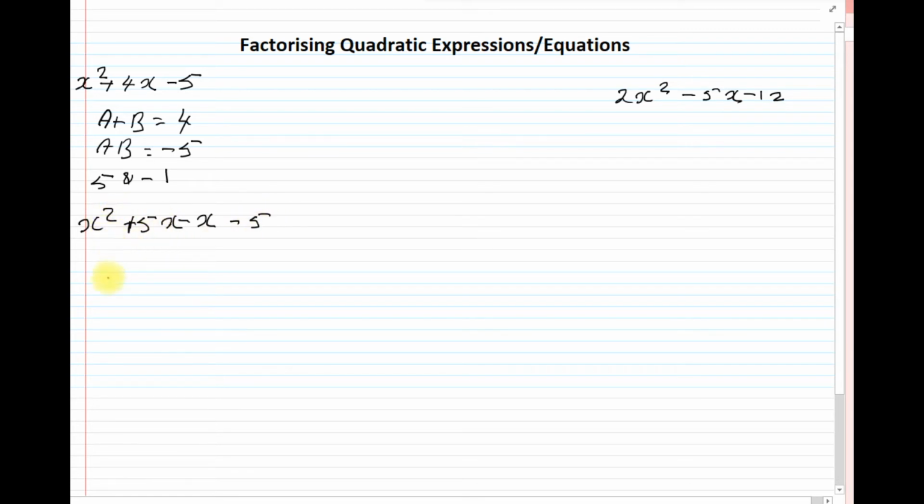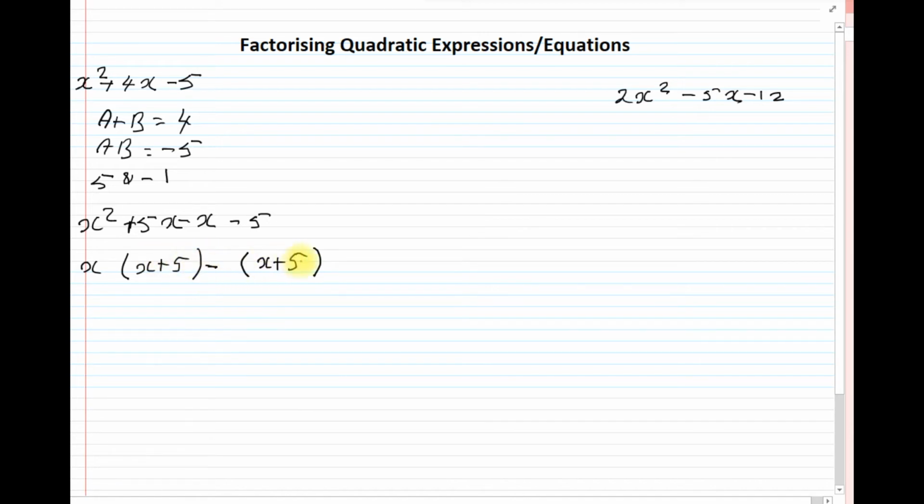So from the first two terms, I can factorize an x, and here I'll get x bracket x plus 5, and then from the second two terms, I'll just factorize a minus, or -1. We don't need to write the 1. So this will be minus bracket x plus 5.